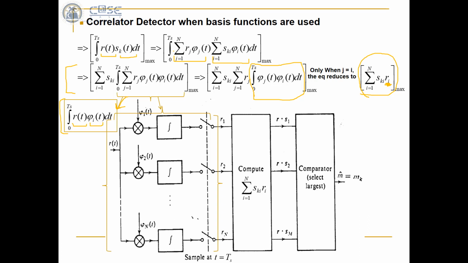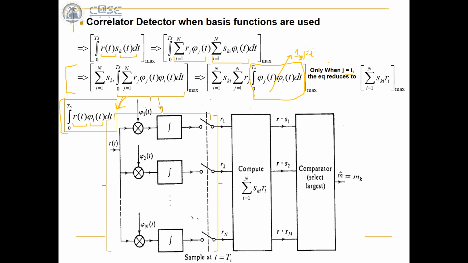So when you substitute the signals in terms of basis functions, the same maximization rule becomes equivalent to the product of these contributions Ski and Ri summed over all the possible number of basis functions from 1 till capital N. Whenever J is equivalent to I, this will give you 1, and it will give you 0 otherwise.